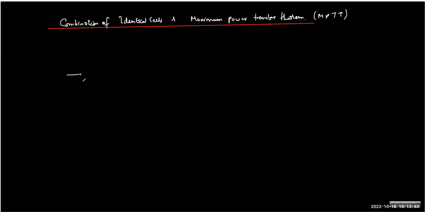So each cell which I'm going to use will have EMF E and internal resistance R. And again, we are talking in terms of real cells. This theorem, this idea, is only for real cells. We don't apply it to ideal cells, because an ideal cell will always transfer the maximum, so there is no meaning to it. The real cell is important.